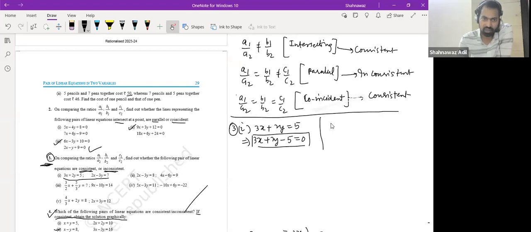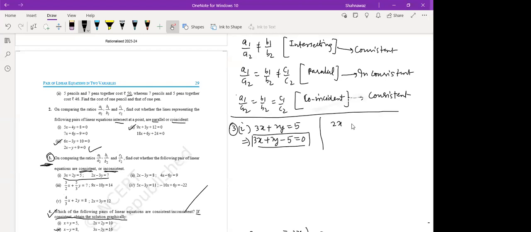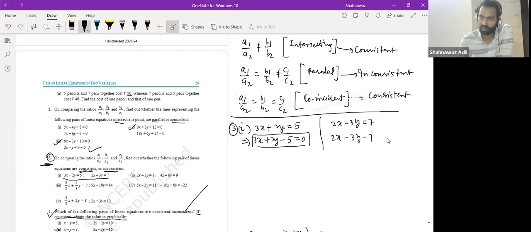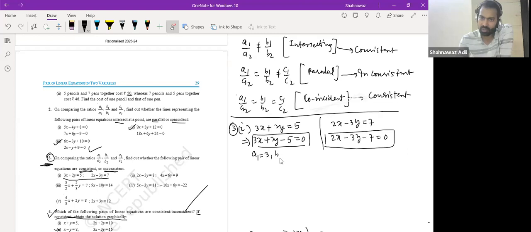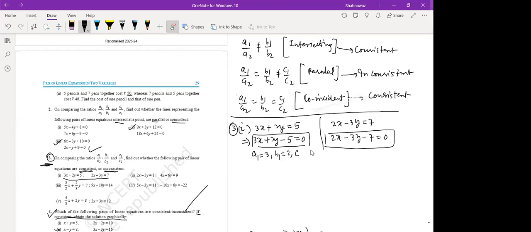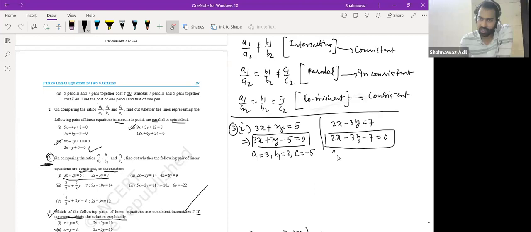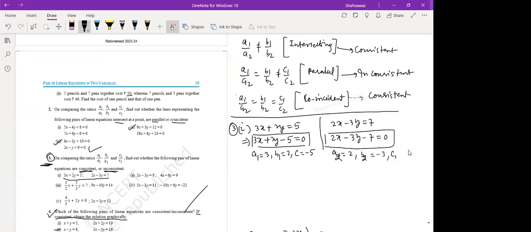The second equation is 2x minus 3y minus 7 equals 0. So from the first, A1 is 3, B1 is 2, C1 is minus 5. From the second, A2 is 2, B2 is minus 3, and C2 is minus 7.